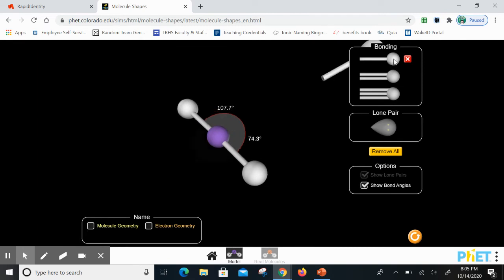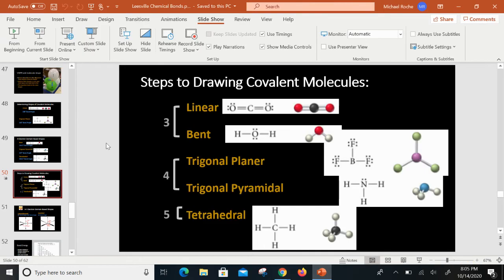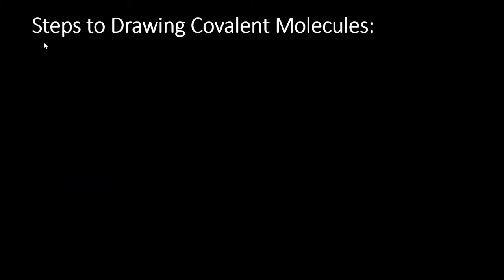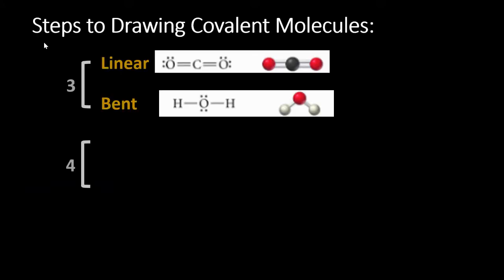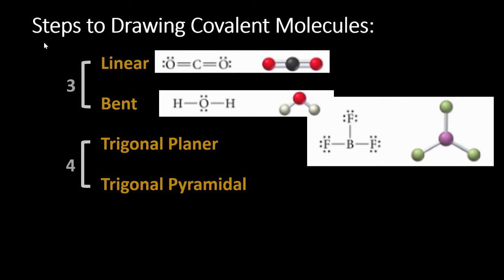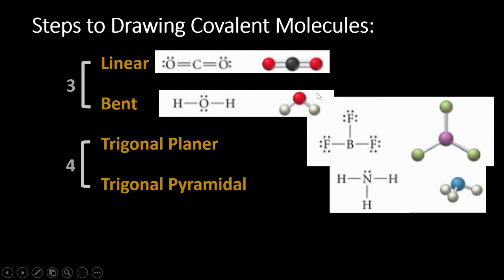Okay, so same thing is true with trigonal planar. So if there are four atoms, it's either going to be trigonal planar or trigonal pyramid. Again, the only difference is is there a lone pair or is there no lone pair on the central atom? If there's no lone pair on that central atom, then these will get as far away as possible in sort of the same plane. So that's why it's 120 degrees.